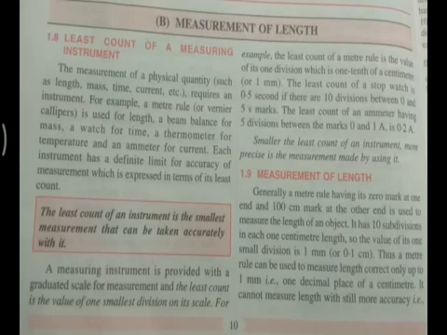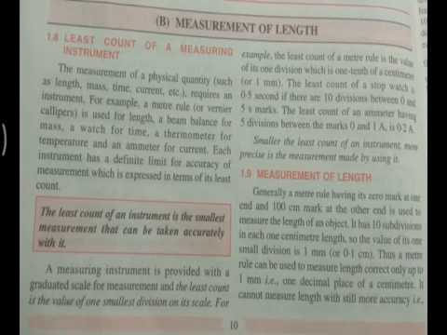So the single smallest division has the value of 0.1 centimeter, you can say 1 mm. So 1 mm is the accuracy of the meter scale. It is the least count of the meter scale, right?